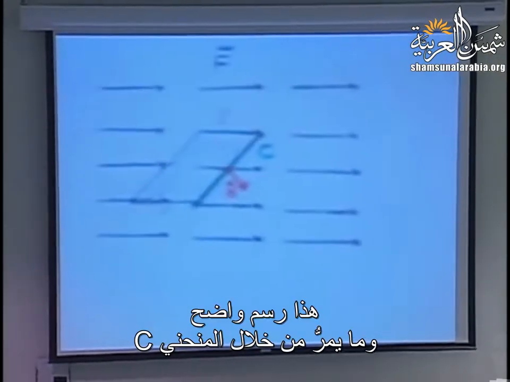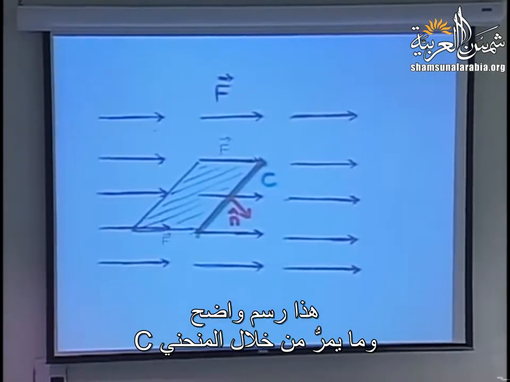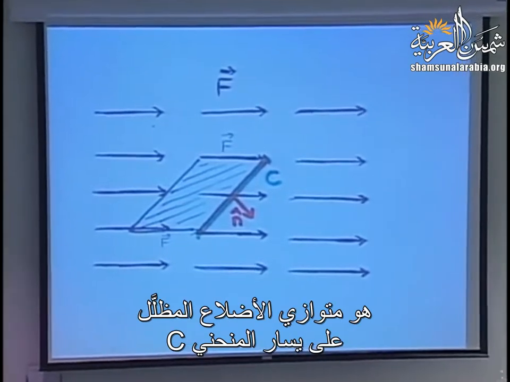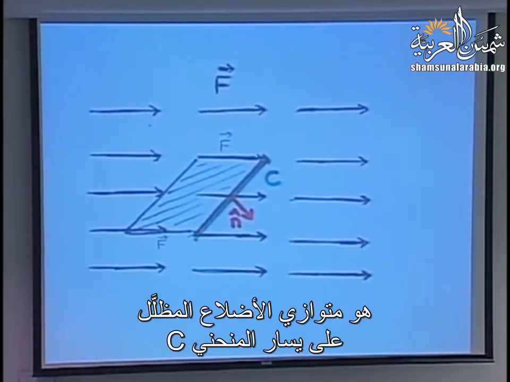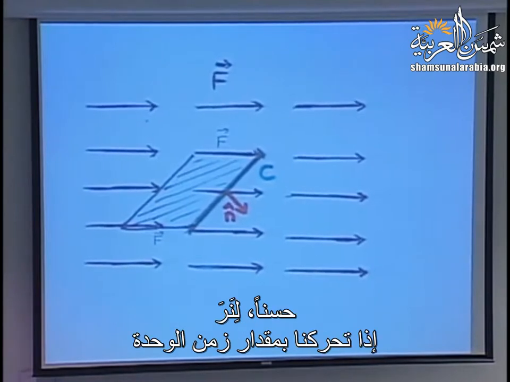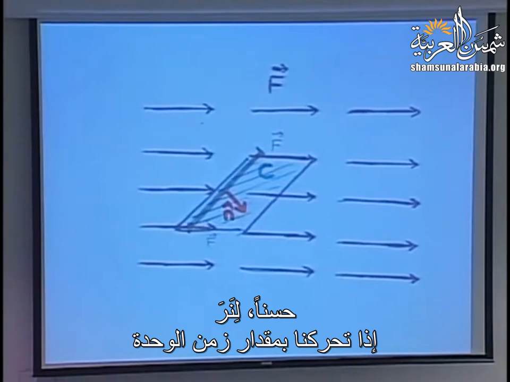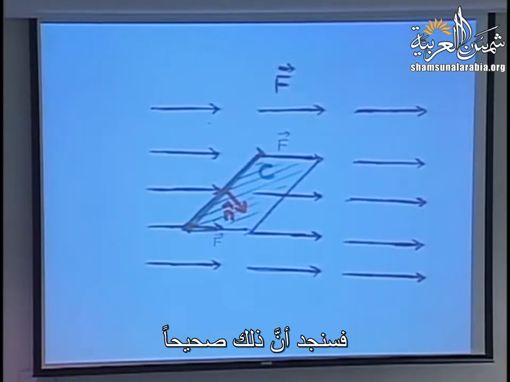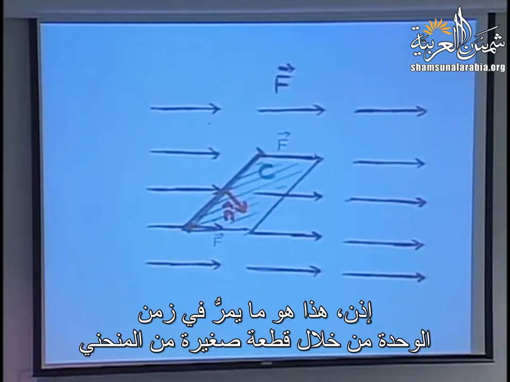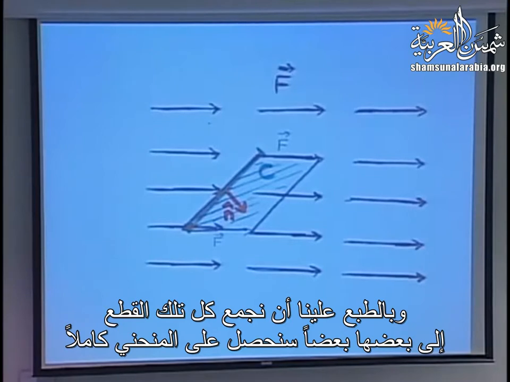Here's a better picture: what will be going through C is this shaded parallelogram to the left of C. That's the stuff that goes through my curve in a unit time for a small portion of curve. And of course, I would need to add all of these together to get the entire curve.